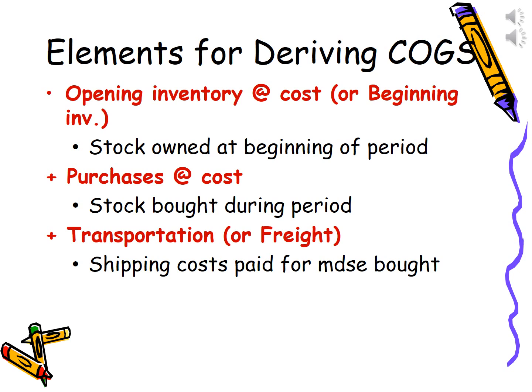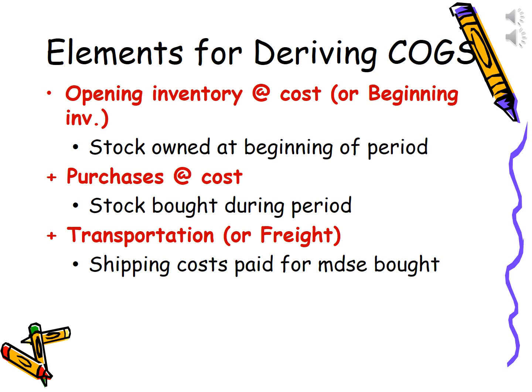And when you do make purchases, sometimes we also have to pay the transportation to ship the new purchases into the store. So all of those transportation, or we sometimes call it freight. Freight and transportation mean the same thing.